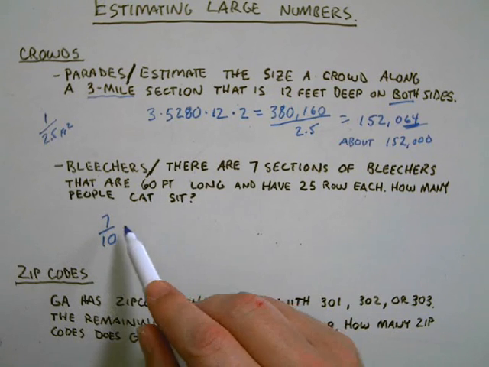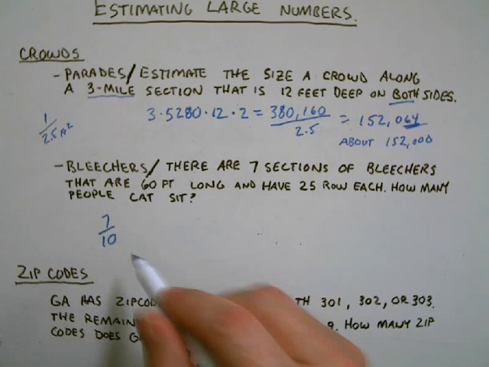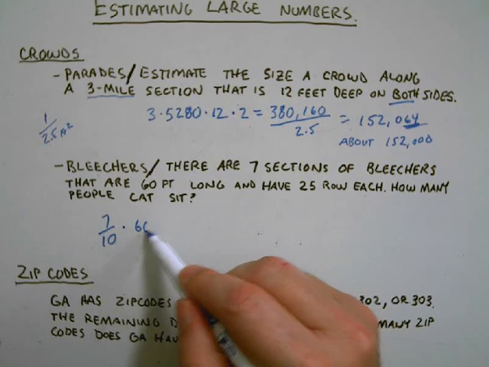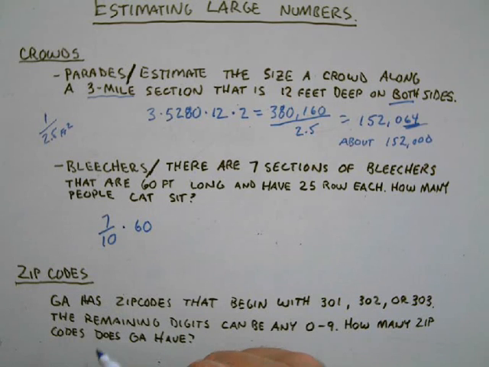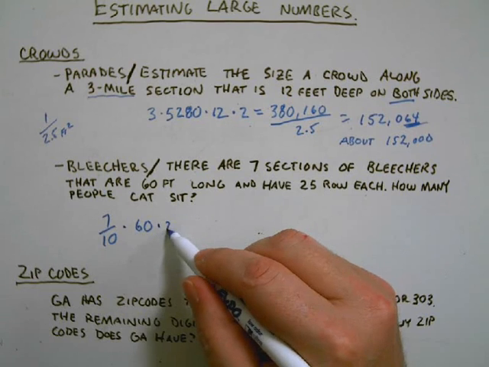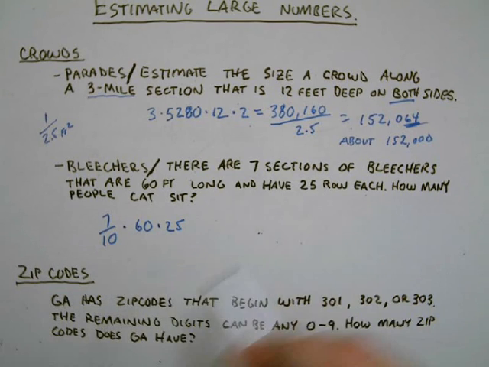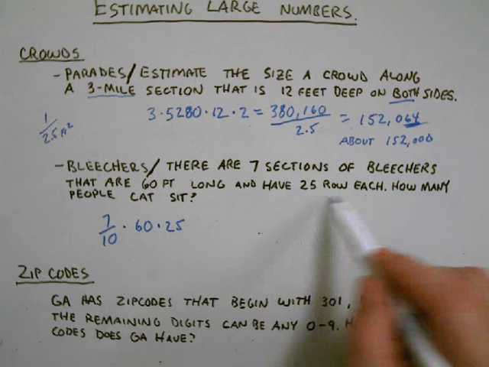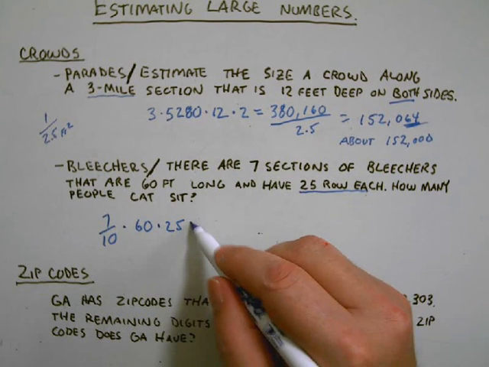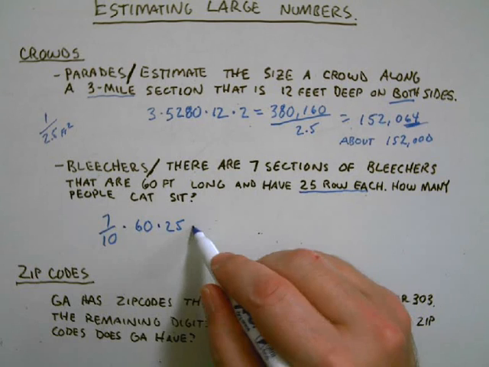We've got 60 feet long. That's each row. How many rows do we have? 25. And that's 25 rows in each section. So how many sections do we have? It's times 7 for 7 sections.